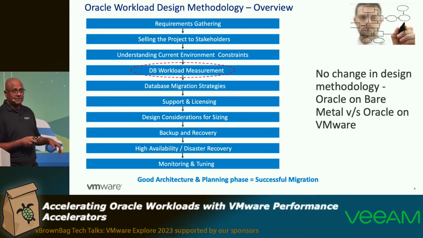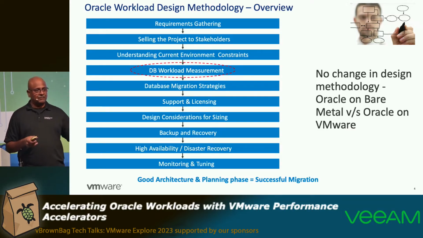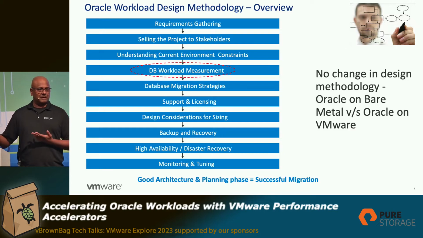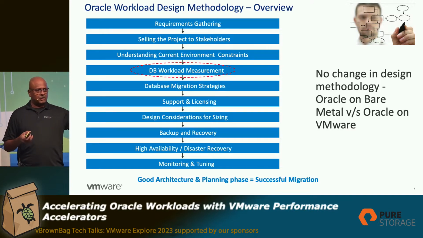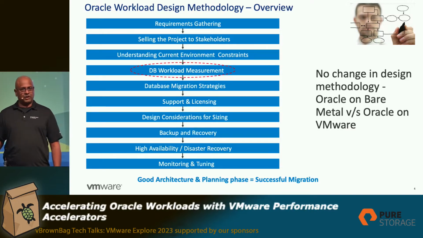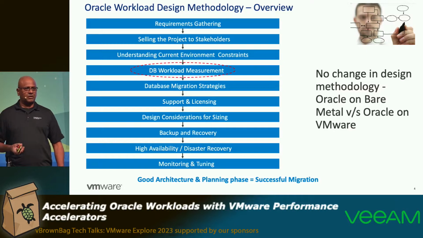And at some point, and that's the most critical part, the DB workload measurement, right? You have to know the nature of the beast if you want to control it. Because if you don't know the IOPS, CPU, memory, and disk utilization, how would you size it, right? And sizing is not licking your finger and sticking it up in the air and saying, I think on the physical servers we had 2-socket, 18 cores, so when I go to virtual, I'll have 36 vCPUs. Seriously, who told you that, right?